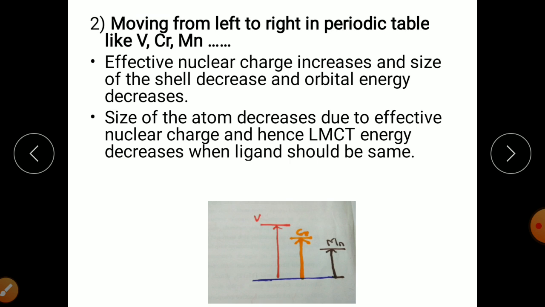In vanadium the energy gap is larger, in chromium it decreases, and in manganese it is very small compared to chromium and vanadium. So moving left to right in the periodic table, the LMCT energy decreases, which means the color increases. As LMCT energy increases, it moves to the UV region; as LMCT energy decreases, it moves to the visible region.